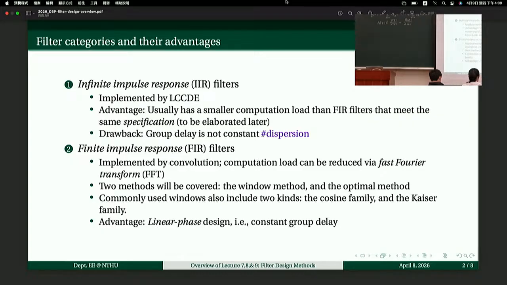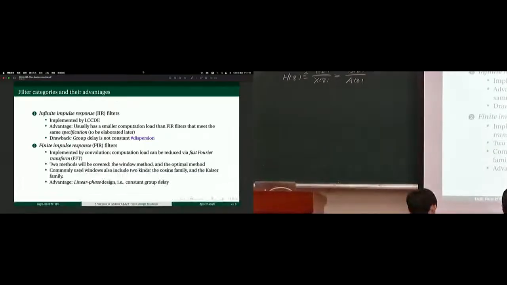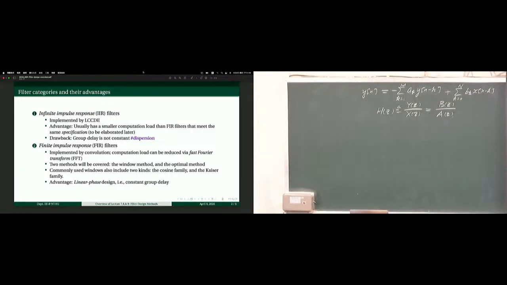That means different frequencies have different latency, different delay. 1 kilohertz faster, 2 kilohertz slower, and that's called dispersion, which is not good. This is a drawback for IIR, to summarize.